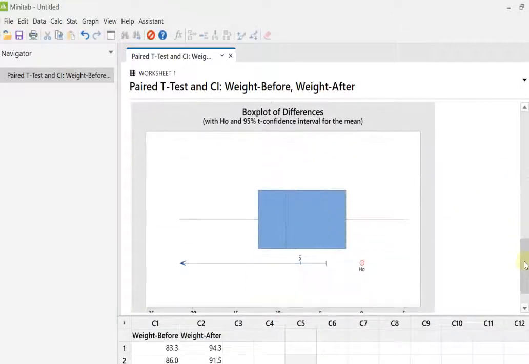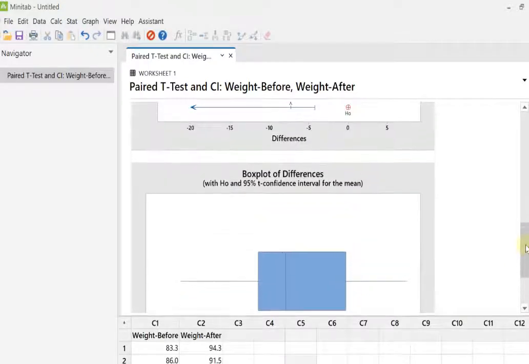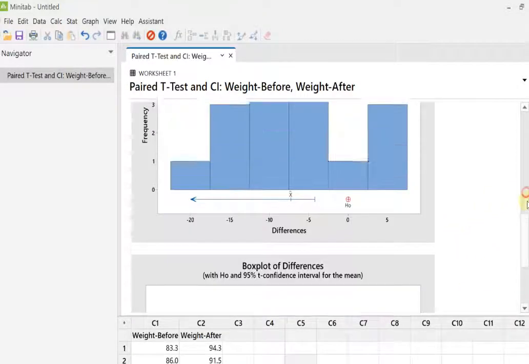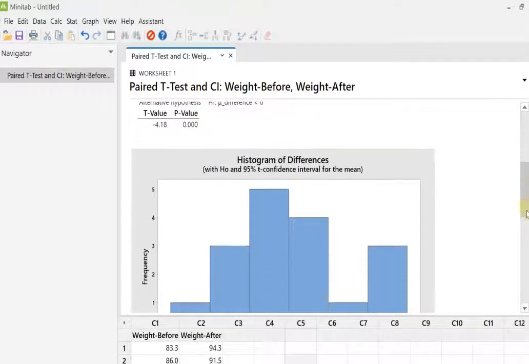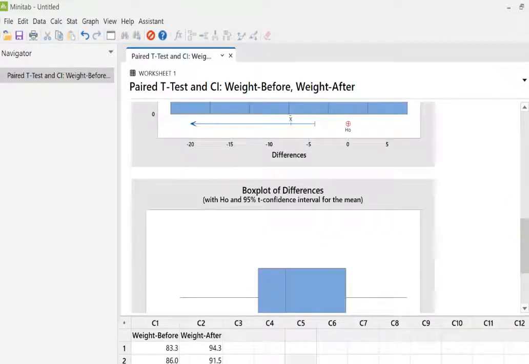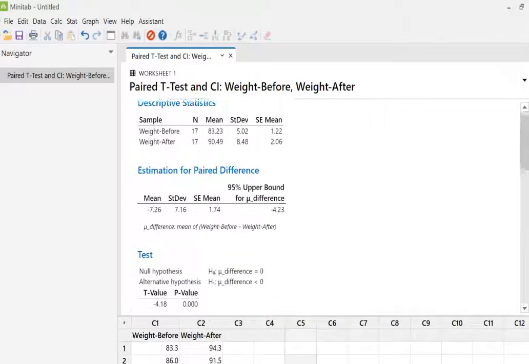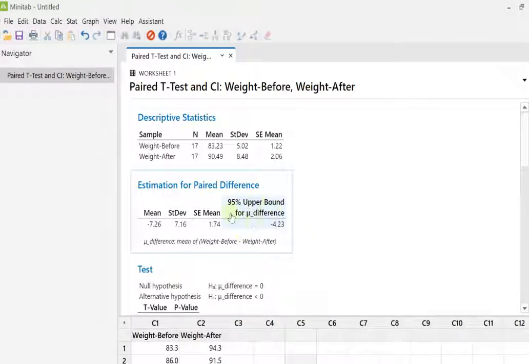So there you go. Here is the box plot. Look at the box plot without the lower part. And the box plot shows almost normality of the differences again. See that? Now, notice up here, let me go back here now. This confidence interval, notice there is an upper bound, but there's no lower limit on it.